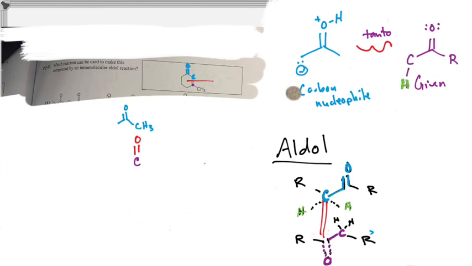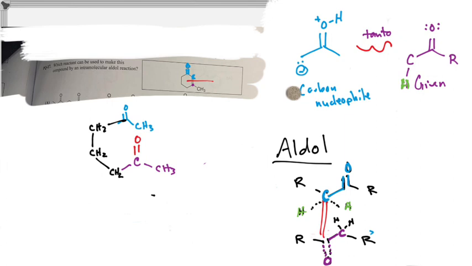What's to the right of my carbonyl carbon? CH3. What's to the left? CH2. What's to the left of that? CH2. What's above that? CH2. What's that connected to? The carbonyl. There's the answer.